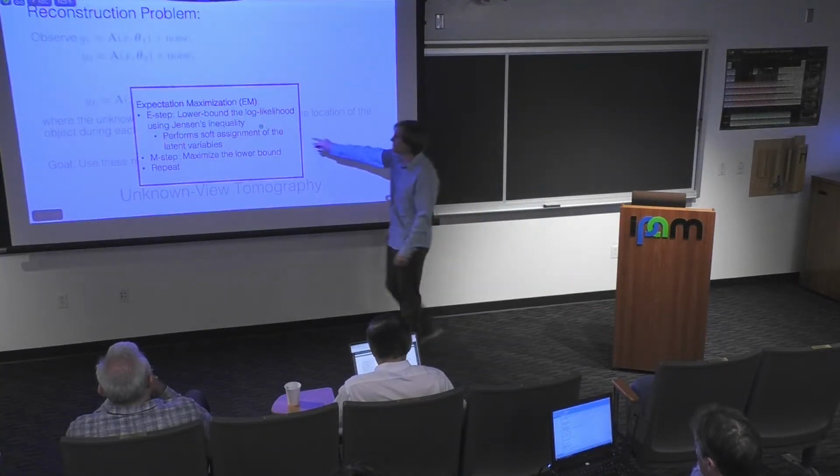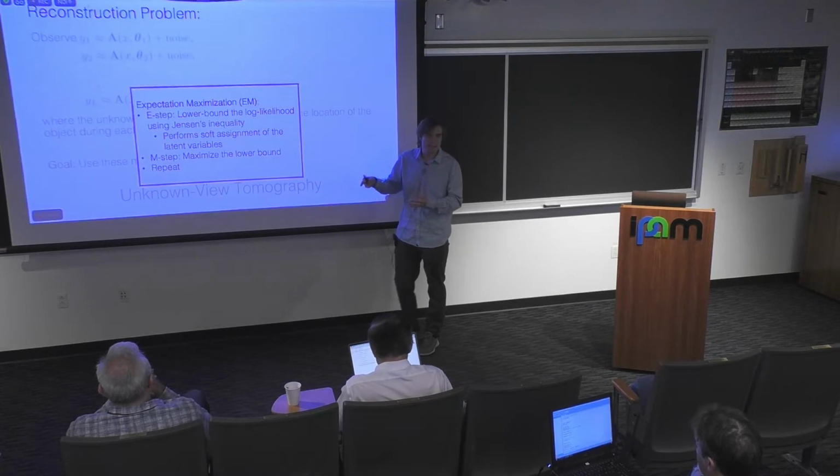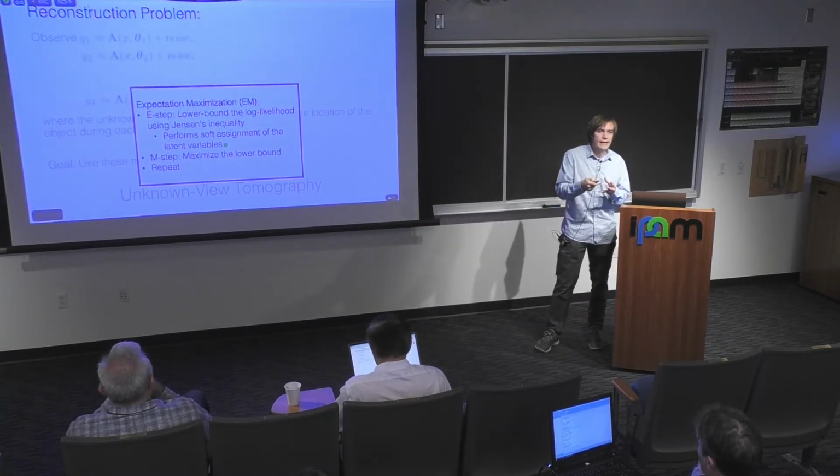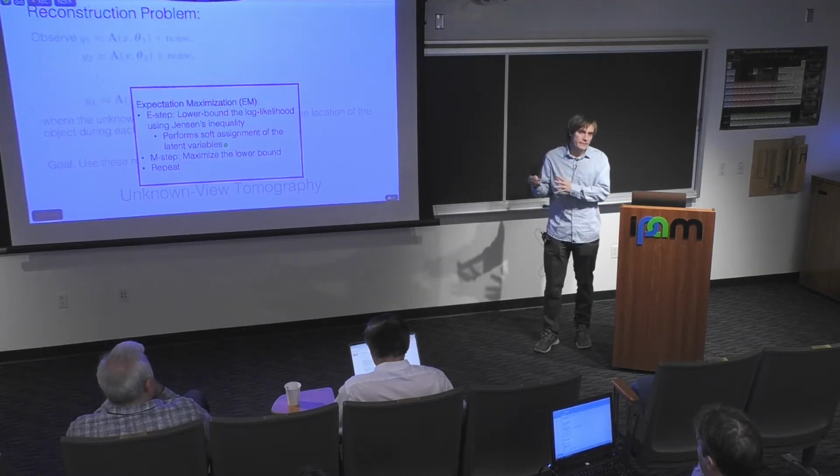So essentially we perform soft assignments of where we think the object is at each step, maximize the lower bound, reconstruct the object, and repeat. Get a better estimate of the object, get a better estimate of its location over and over again.